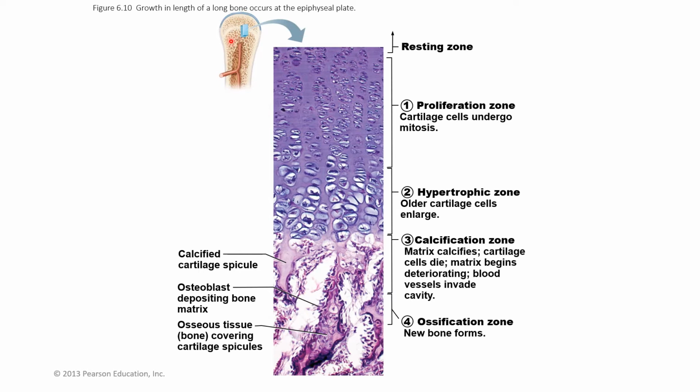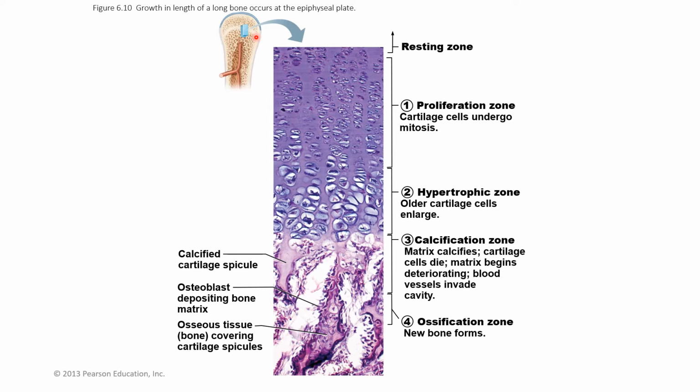At the same time, the spongy bone down here is deteriorating the bottom of your cartilage until that spongy bone deteriorates and takes over the whole entire cartilage. Once that spongy bone takes over this whole piece of cartilage and the cartilage completely deteriorates, that's when we stop growing taller.